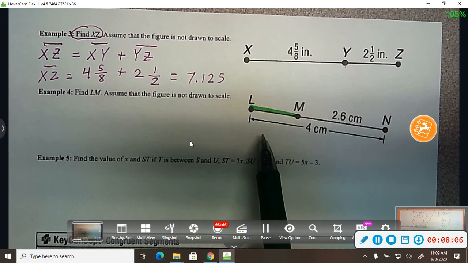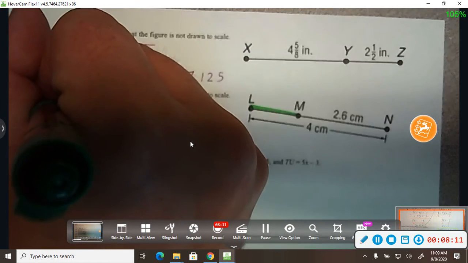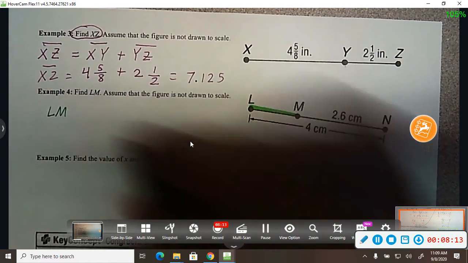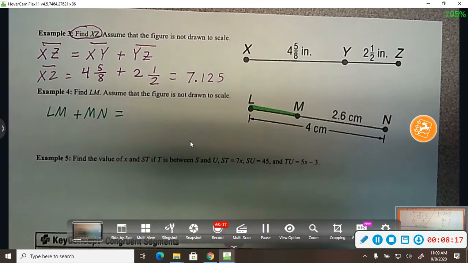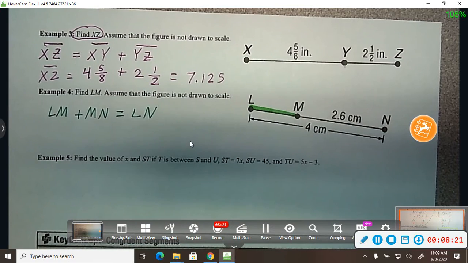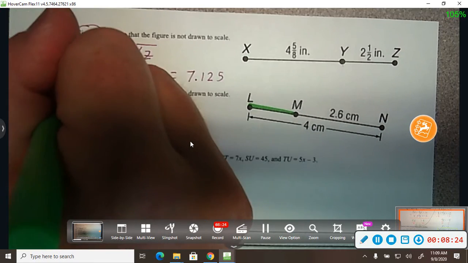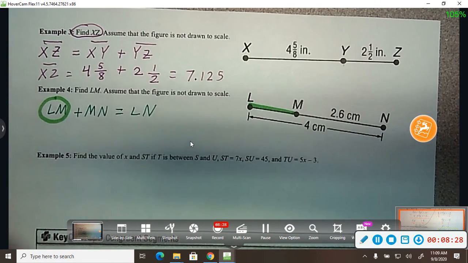So I could say, and I'll write it all out. So segment addition says if you take LM plus MN, you get LN. And because they want me to solve for LM, I would take away MN from both sides.